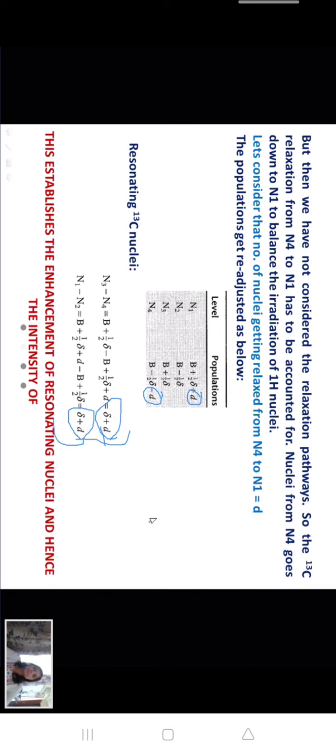Let me clear this off first. Now, what are we talking about with relaxation? What is relaxation? In Banwell, I do not know whether any of you have Banwell or not, there is a lot of detail given regarding the relaxation processes.